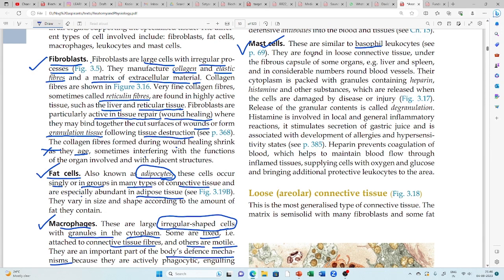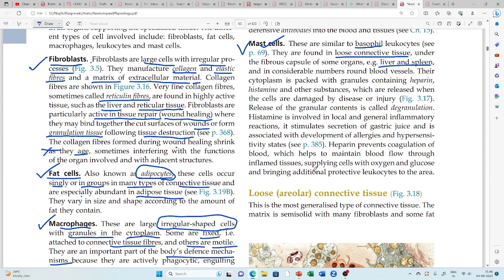They are found in loose connective tissue under the fibrous capsule of some organs, in the liver and spleen. In the loose connective tissue we can see mast cells. For the rest of the topic, just understand this.